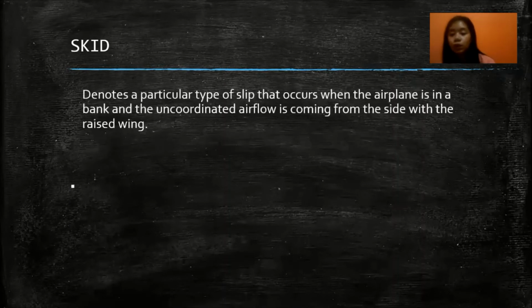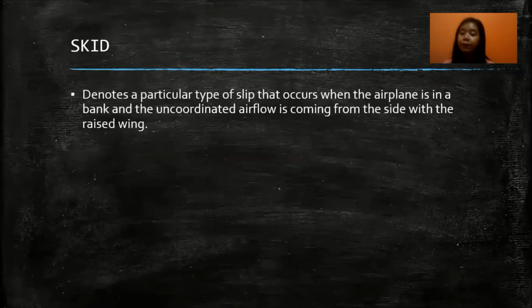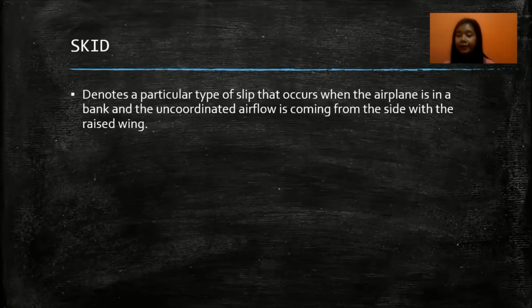Okay, so next. So punta naman tayo sa skid. So skid denotes a particular type of slip that occurs when the airplane is in a bank and the uncoordinated airflow is coming from the side with the raised wing.